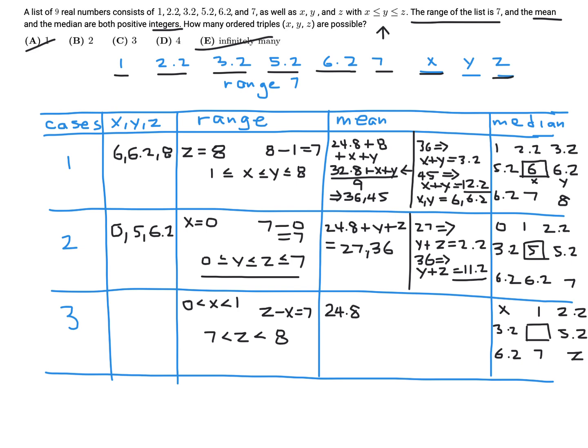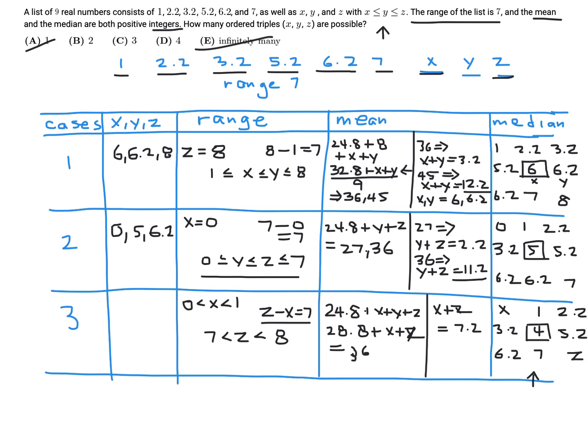So, as before, that 24.8 plus, in this case, we have x plus y plus z, because we don't know anything here. But this actually helps me. I'm going to let it equal 4 for now, and at least that'll help me get something. That'll be 28.8 then, plus x plus z. And in order for this to be divisible by 9, that has to be 36. So that means that x plus z is going to be 7.2.